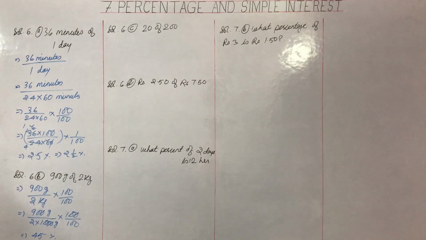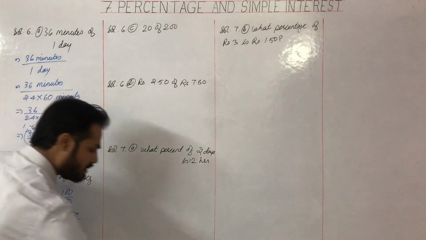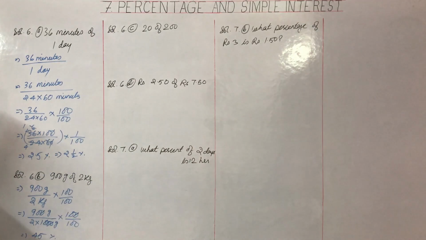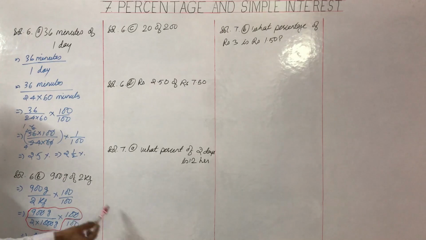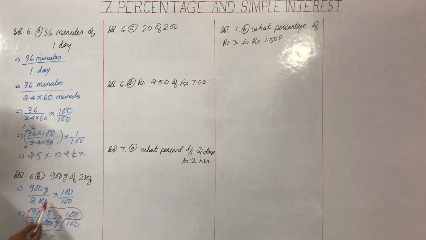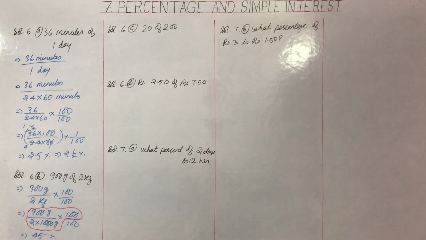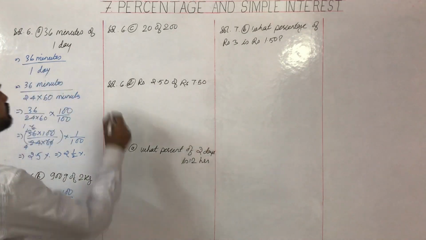So 45%. If you want to write one more step, then separate this part and write 1 by 100 in the second part, and after reducing this part you will get 45 and 1 by 100 becomes percent. So the answer is 45%.